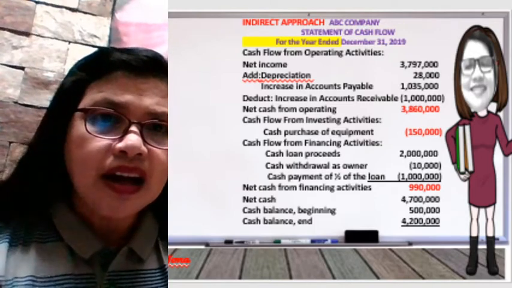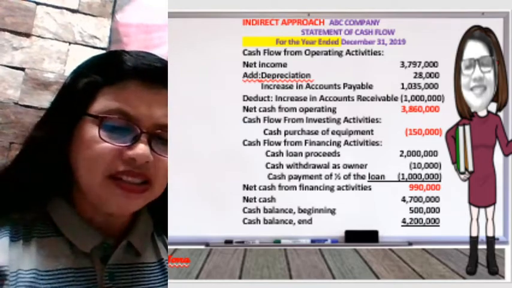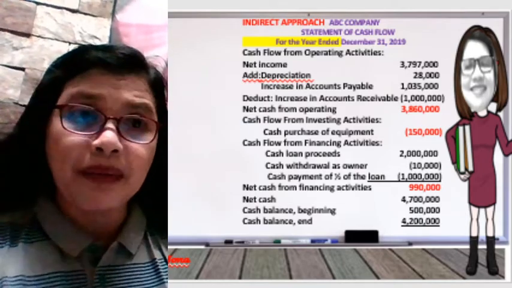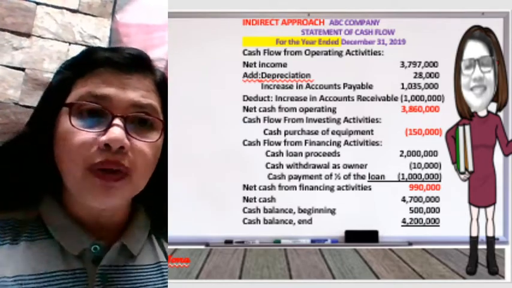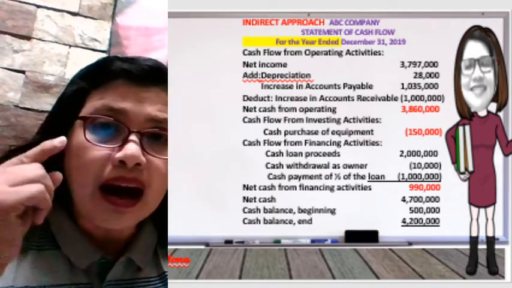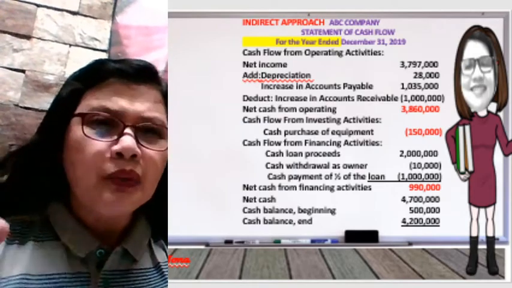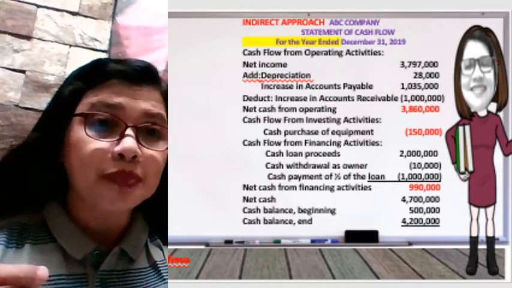Then we have here an increase in accounts payable. So when we say accounts payable, remember what the transaction was when we did the accounts payable. The first thing you have to consider is, why did I incur accounts payable?